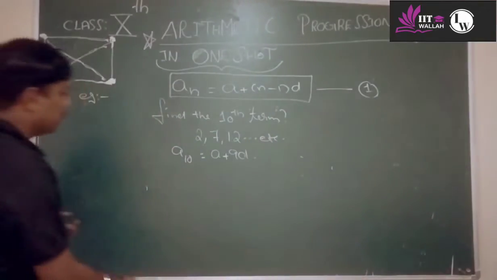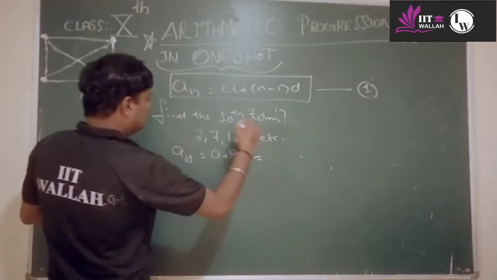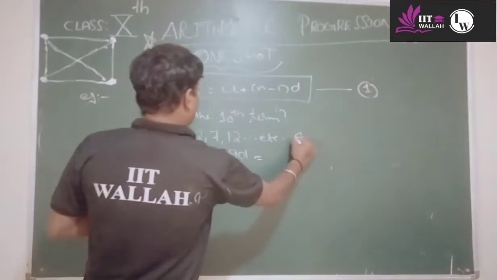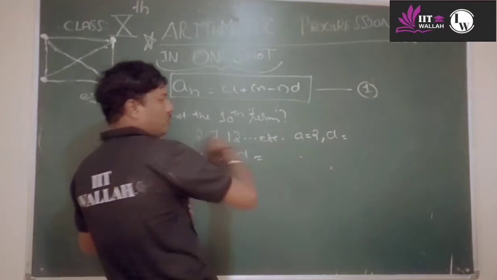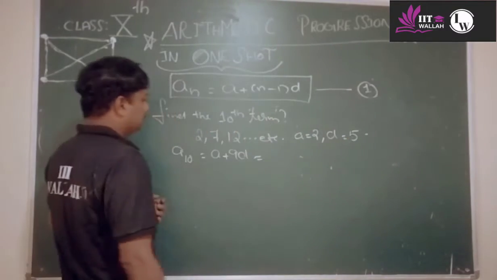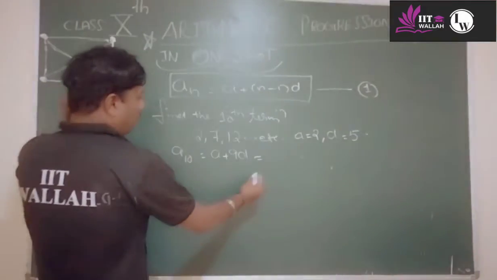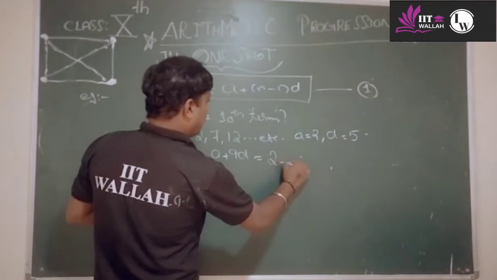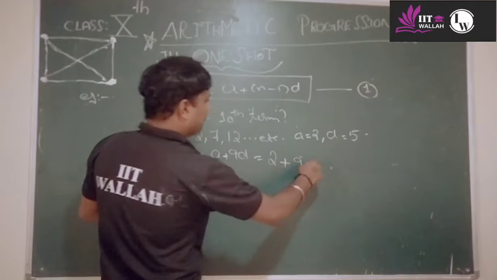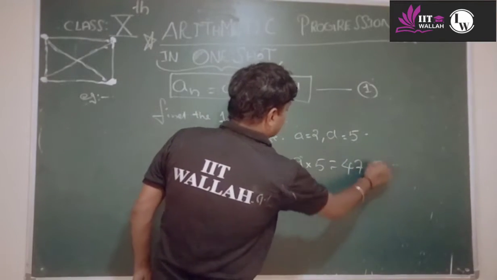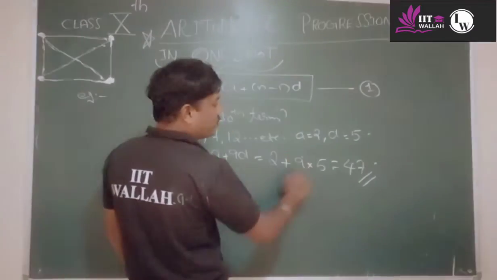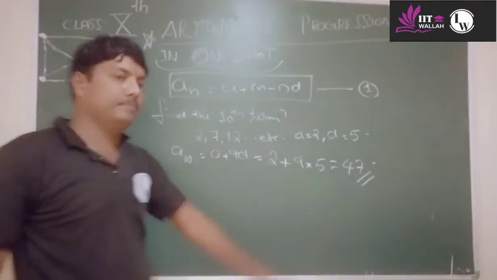So here we know that a is equal to 2 and d is equal to 7 minus 2, which is 5. Now we will get 2 plus 9 into 5, so we will get 47. 9 fives are 45, plus 2 is 47.